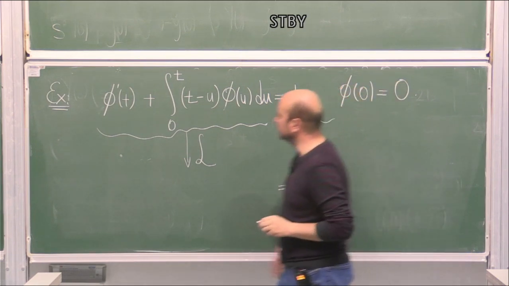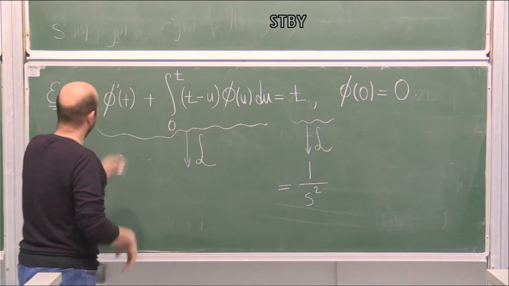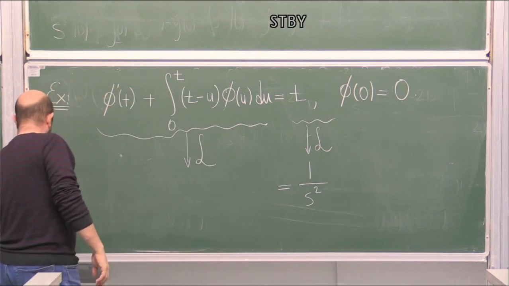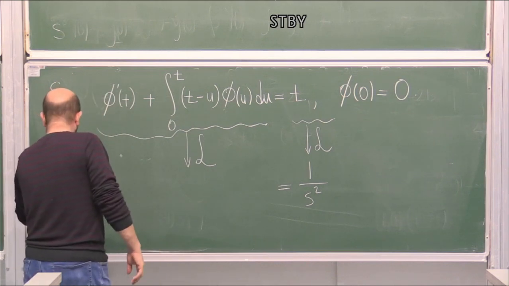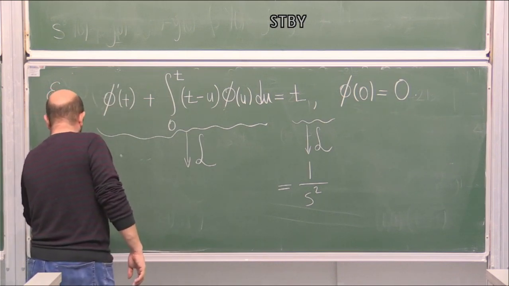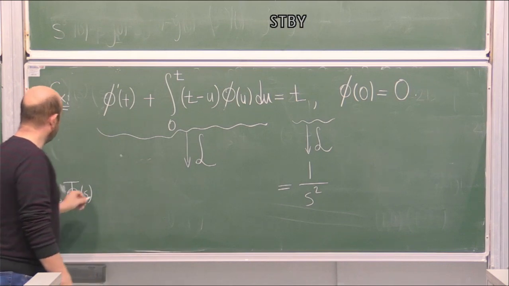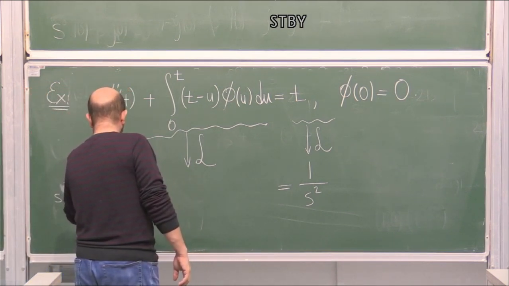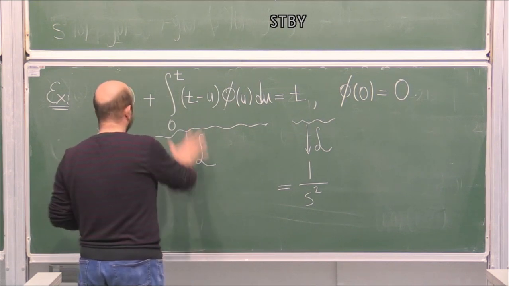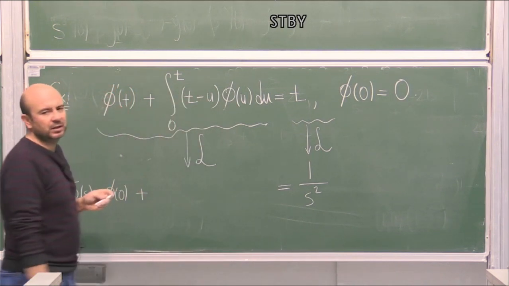If you apply it to this side, by linearity, this will give you s, since it's first order. Let me call its Laplace capital Phi of s, minus phi(0), plus. Now it's all about finding the Laplace of this portion.